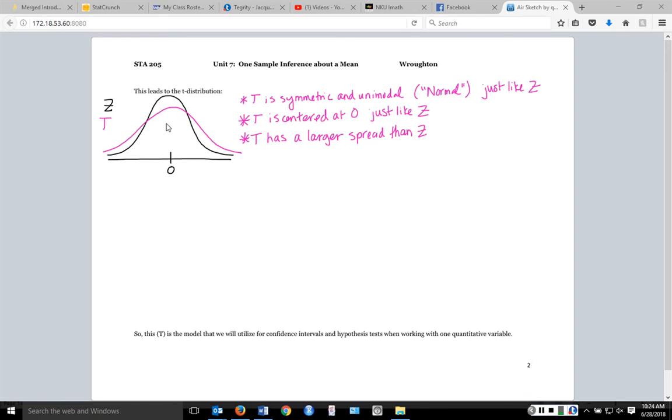And more specifically, T's spread changes based upon this new thing we're going to talk about, which is called degrees of freedom, which you'll see labeled as DF a lot. And how degrees of freedom is calculated is based upon our sample size.